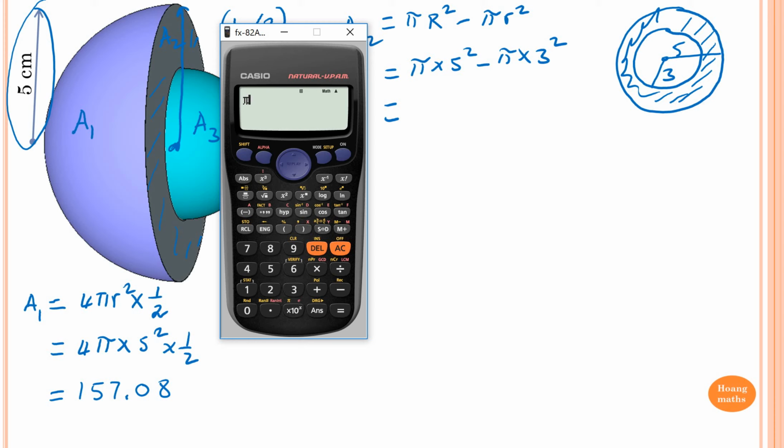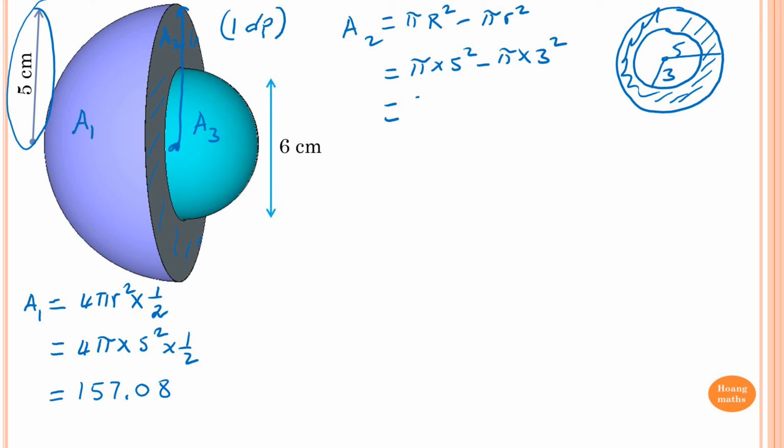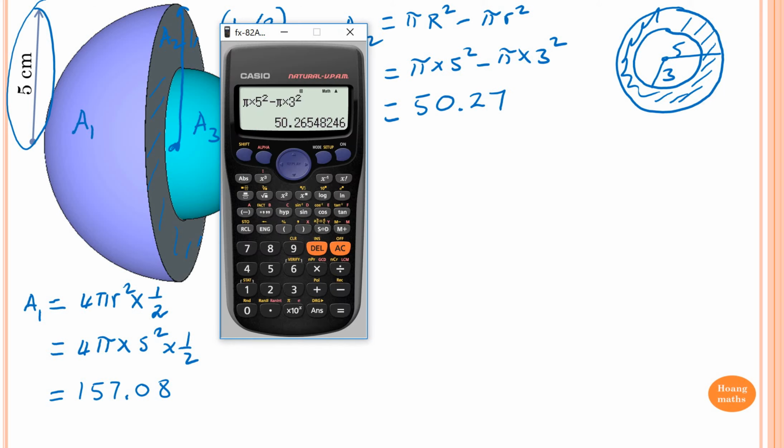Pi times 5 squared, minus pi times 3 squared, which gives me 50.27. I need to store this in memory B. So answer, shift, store B.